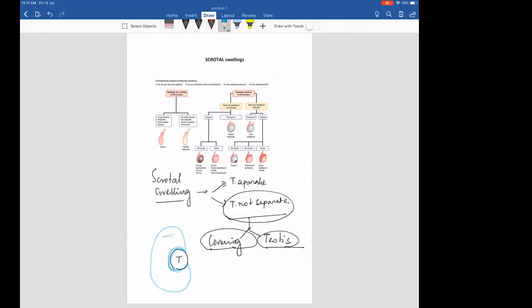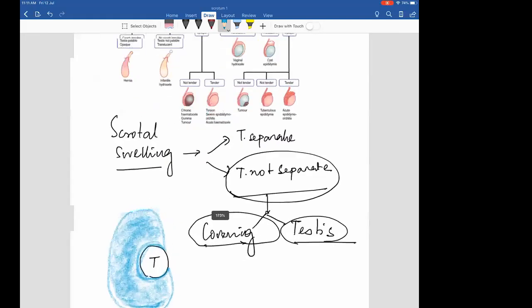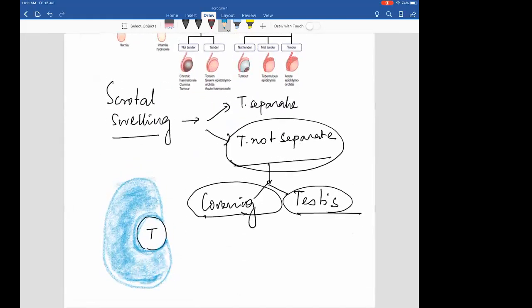Now, in between them, if I have a fluid collection, that will not make the testes palpable, as you can see in this picture. So the testes is not palpable now. This type of swellings, which surround the testes and are technically fluids, will be called a hydrocele.